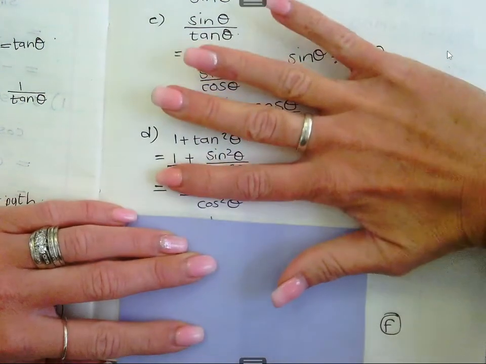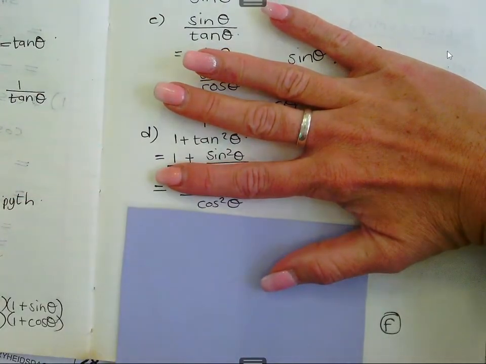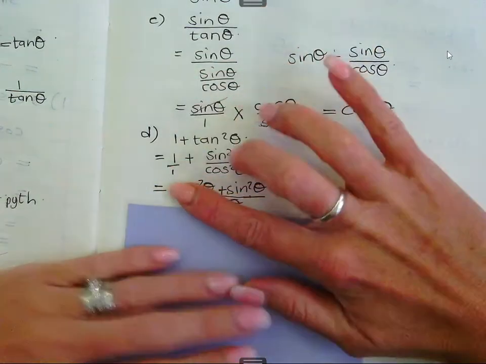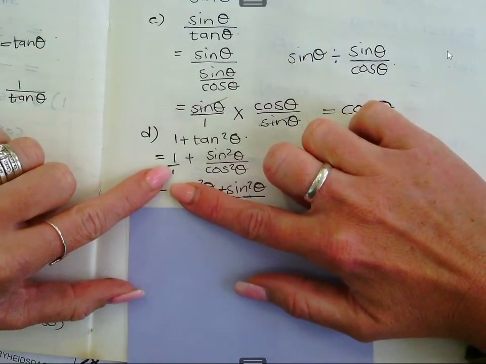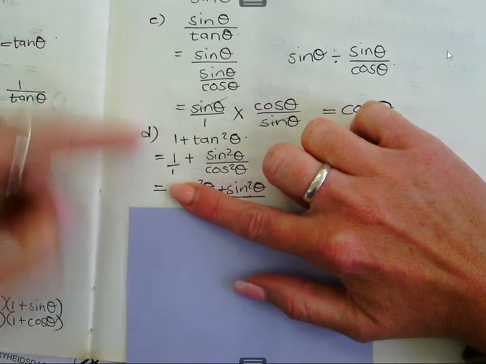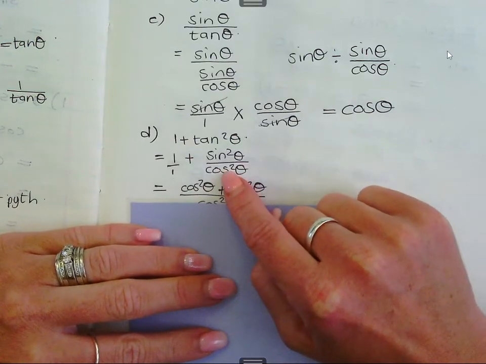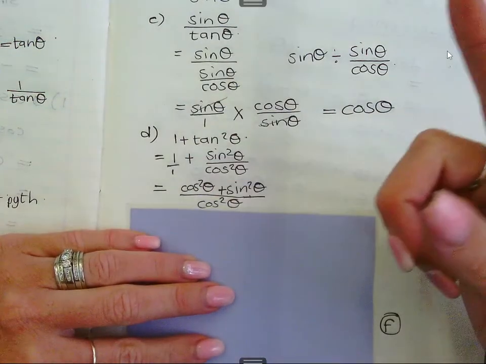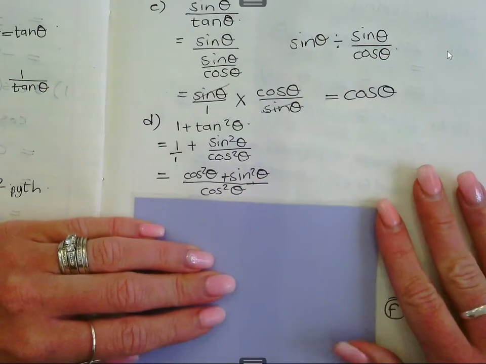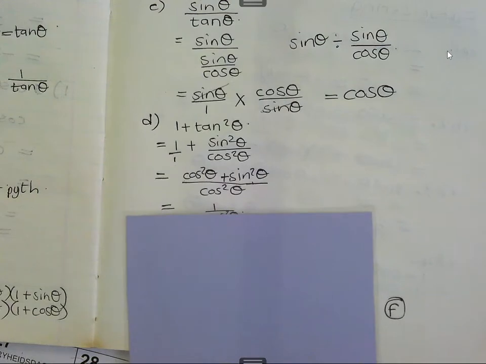So, it's just 1 times cos squared at the bottom. Then the next step says, what you do at the bottom, you do at the top. That denominator didn't have a cos squared, so you multiplied with cos squared, and you do it at the top as well. 1 times cos squared. That denominator did have cos squared, so you don't do anything there at the top. So you've got cos squared plus sin squared theta over cos squared theta. Did I do anything different?